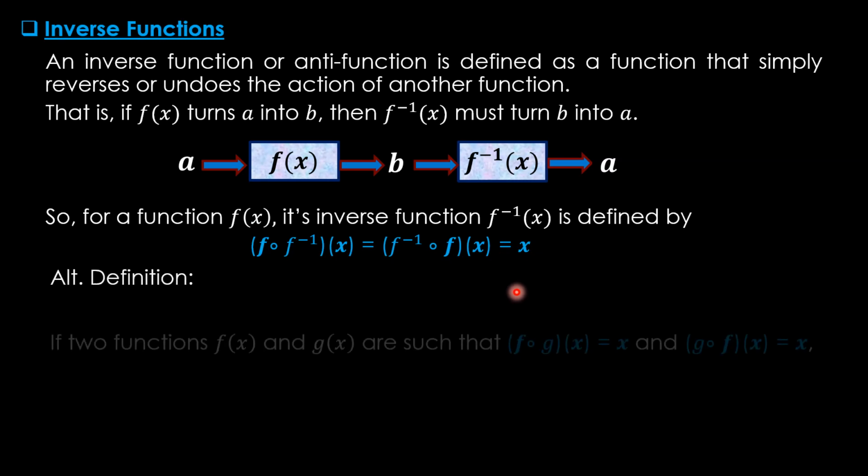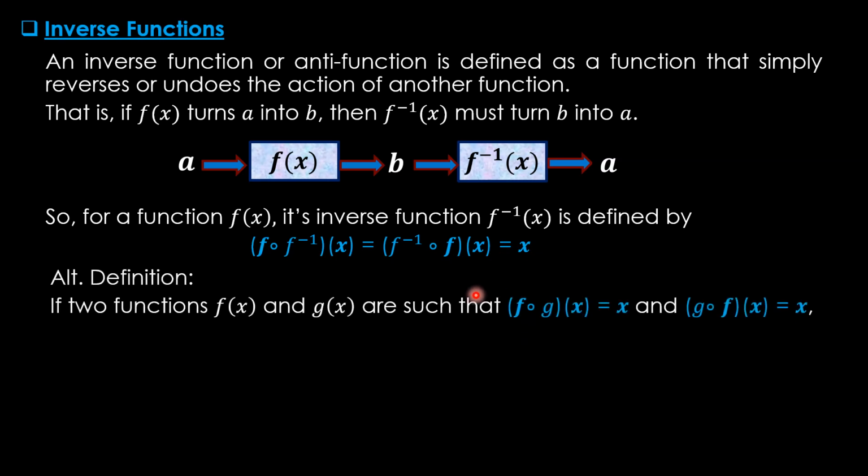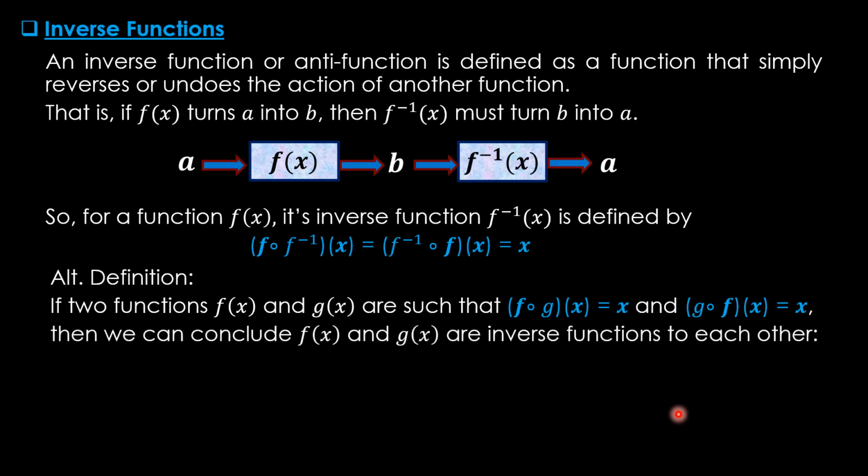Alternative definition: if two functions f(x) and g(x) are such that f composite g equal to x and g composite f equal to x, then we can conclude f(x) and g(x) are inverse functions of each other. So f(x) equal to g inverse x and g(x) equal to f inverse x.